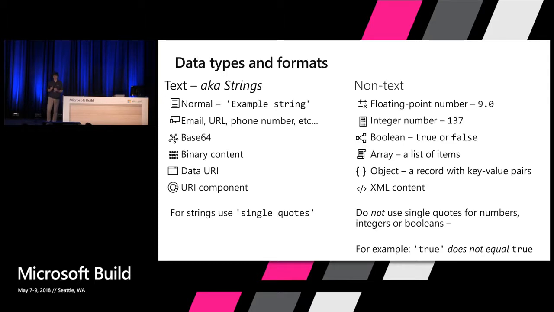It's a little different from other languages where oftentimes it's double quotes, but it's important for a reason I'll mention in the future. One final note: because of data types, the string true does not equal the token true. So make sure that you're putting the proper data types in when you're constructing strings directly.